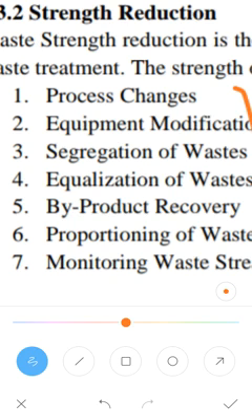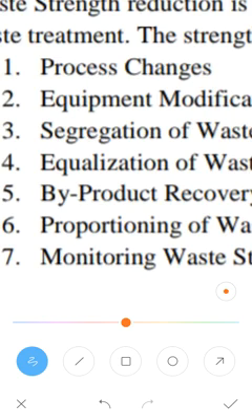The first process of reducing its strength is process changes. What is this first process? The strength of the waste in the wastewater can be reduced by changing the process. There are many processes in industries.